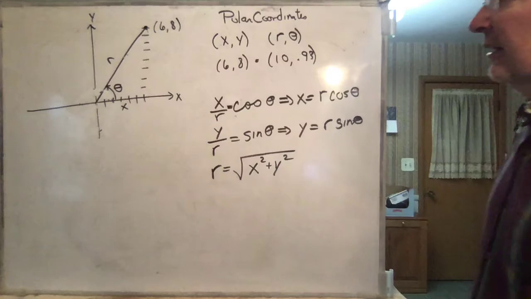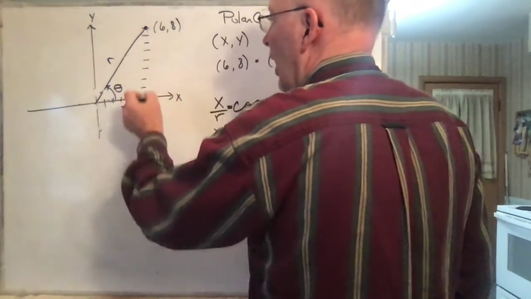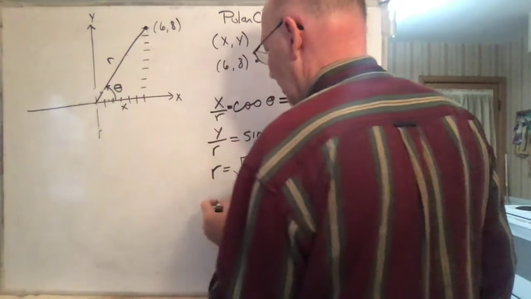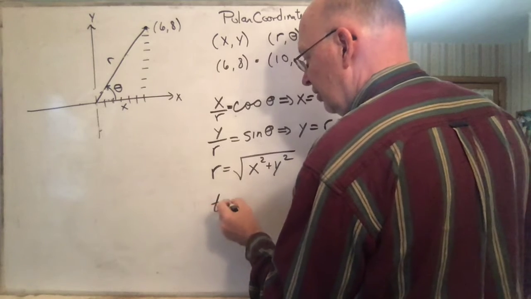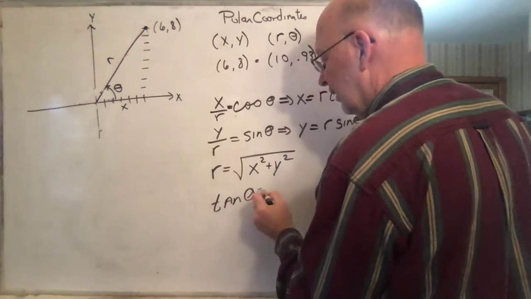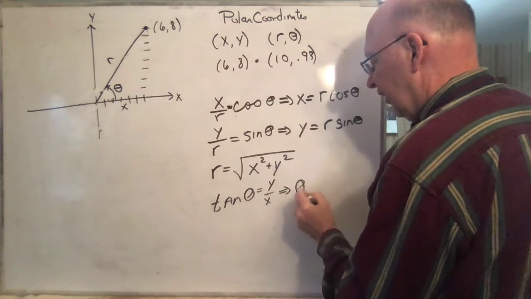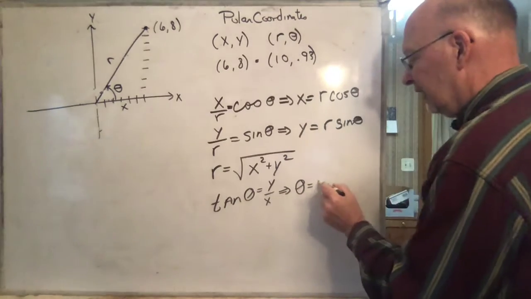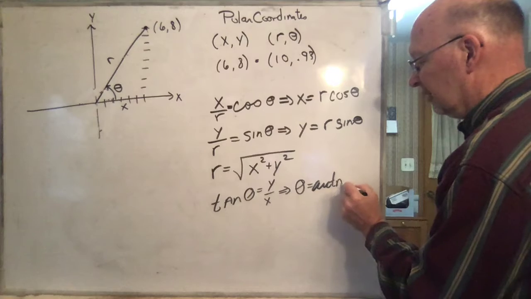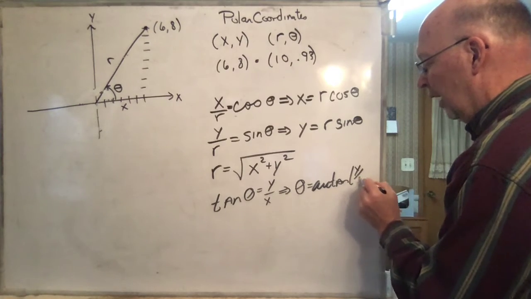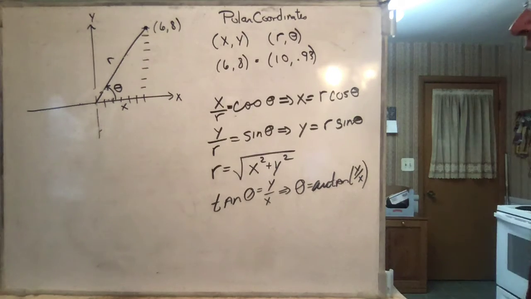How do we get theta? If you have y and x, then the tangent of theta is equal to y over x, which tells us that theta is the arctangent of y over x. So you've got those ways to go from one to another.